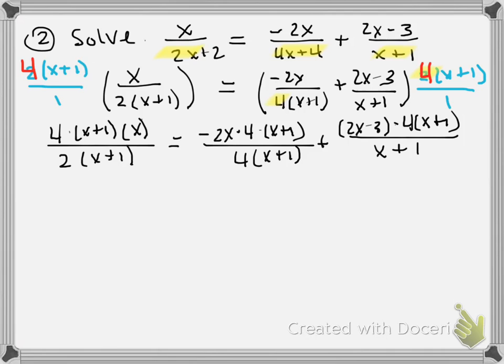Alright, let's cancel and see what happens. 2 goes into 4 twice. That worked out well. It looks like I got rid of all my denominators.